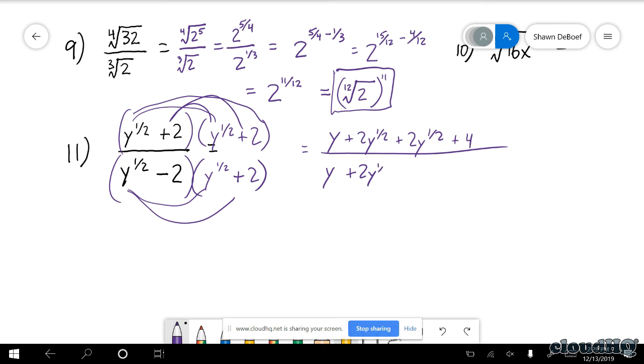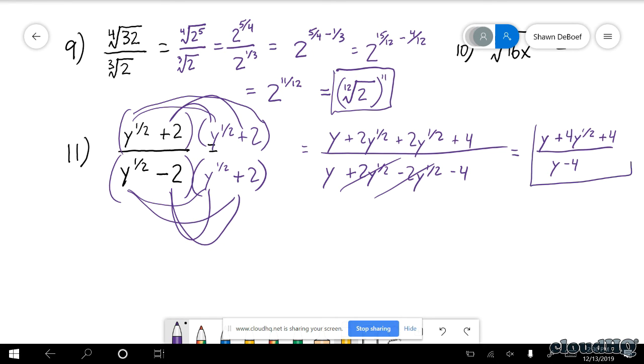I would highly recommend making sure you do this assignment, or at least part of it, because, sorry, that should have been a y, not y squared. You should do this assignment because we're not really doing enough practice on it in class. Those will cancel in the bottom, so you get y minus 4, and there is your answer.